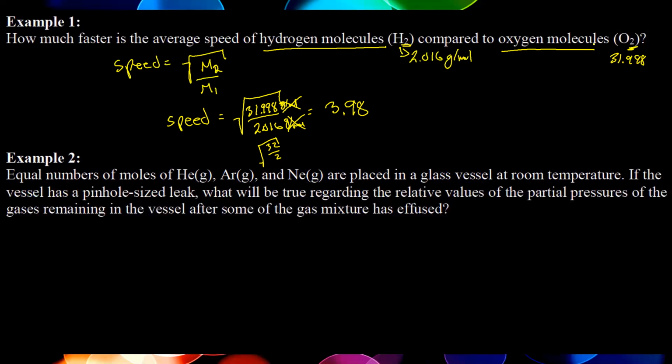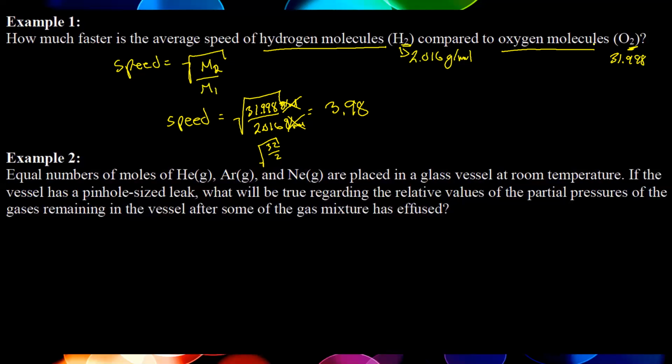Now notice oxygen is almost 16 times heavier. So again, yes, heavier molecules move slower, lighter molecules move faster, but it's not completely just if it's twice as heavy, the other one's going to move twice as fast. There's a square root involved there. So do be aware, don't forget to take the square roots.